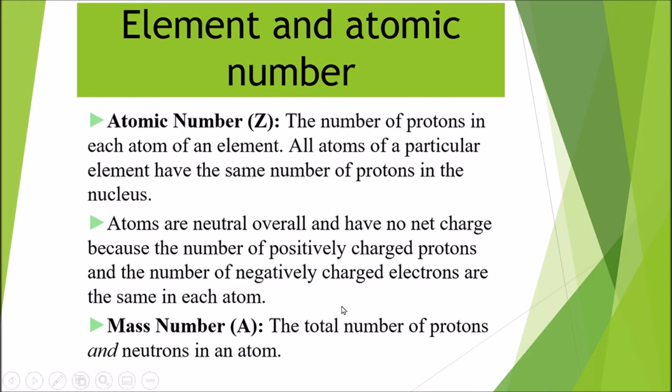Now, we like to say that atoms are neutral in their charge. This happens because all atoms have the same amount of protons and electrons, generally speaking anyway, and this makes their charge equal.